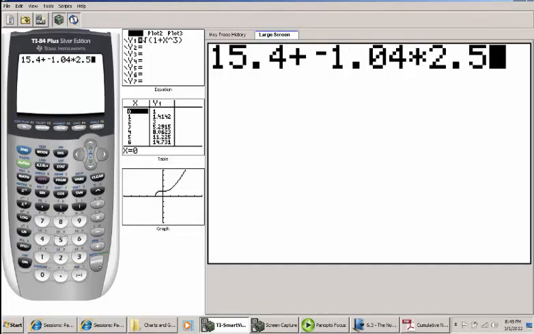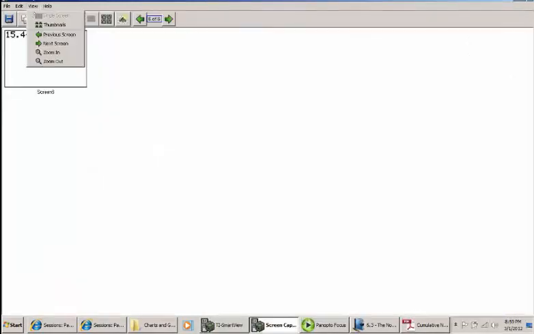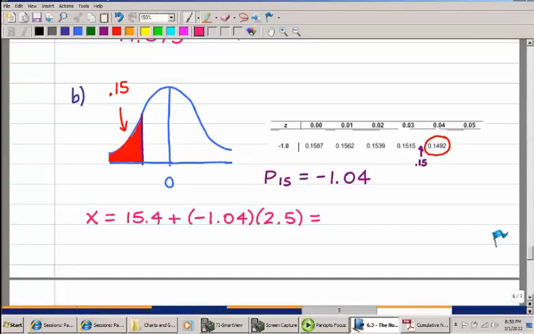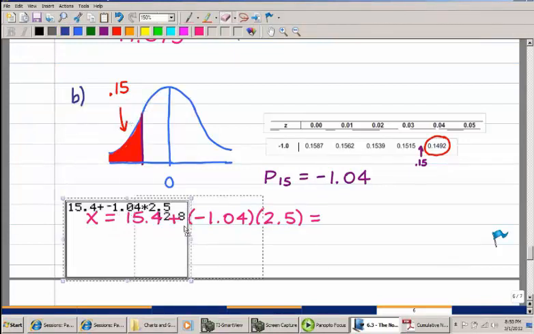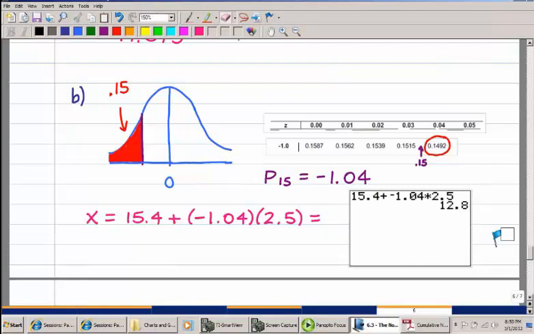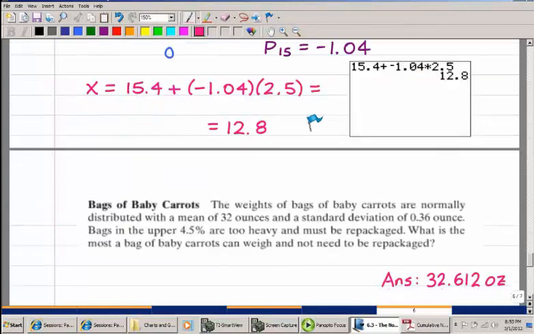Times 2.5, enter. So it looks like we got 12.8. So 12.8 pounds of ice cream for the year puts you at the top of the bottom 15%. In other words, the 15th percentile.